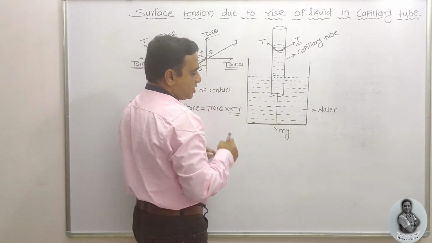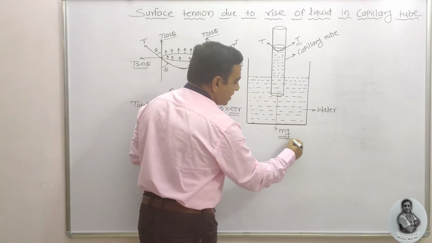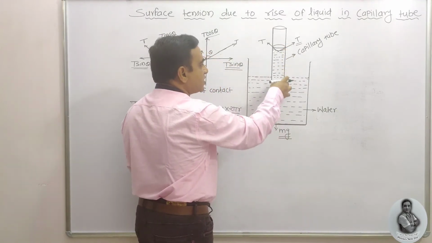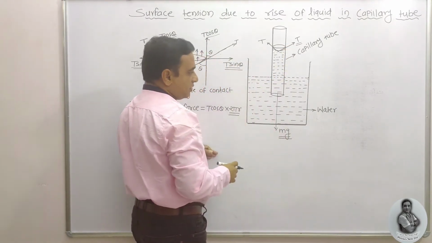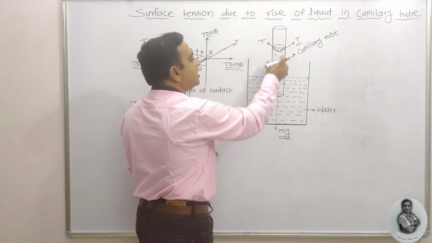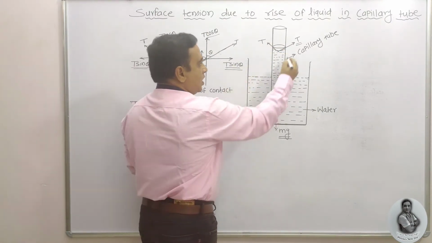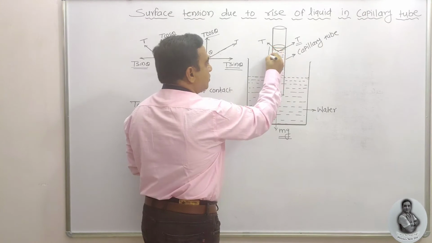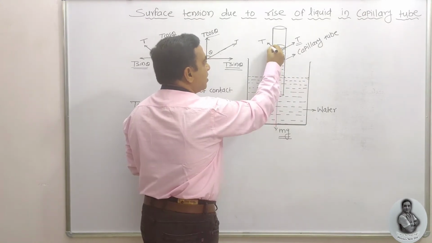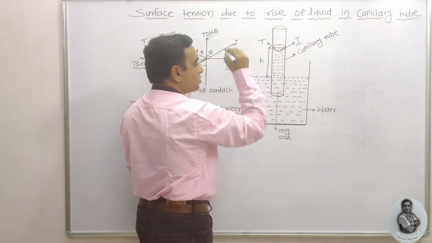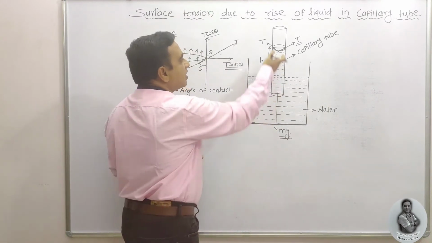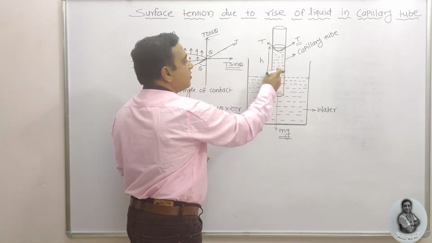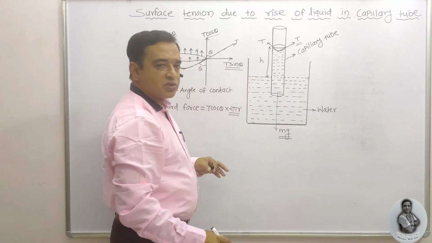This mg is the weight acting on the total liquid which is present inside the cylinder, or we say it is a cylindrical tube which has height up to this level, and we can term it h. This is the rise in the level from the original level. There is a rise, that is h.